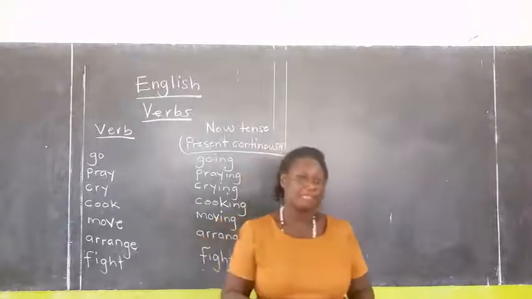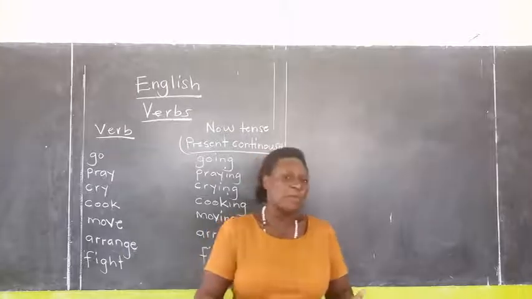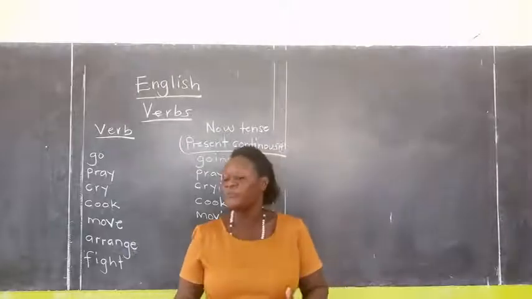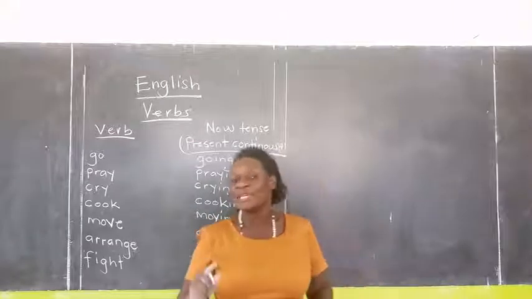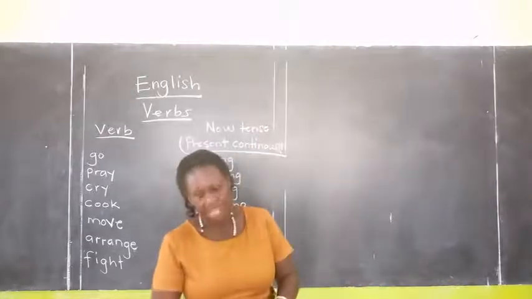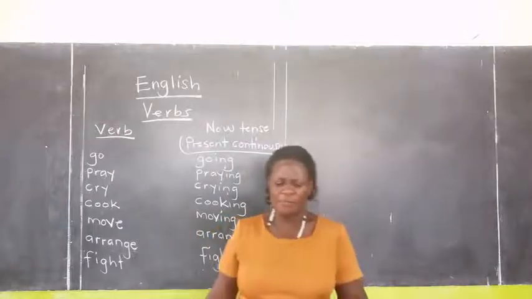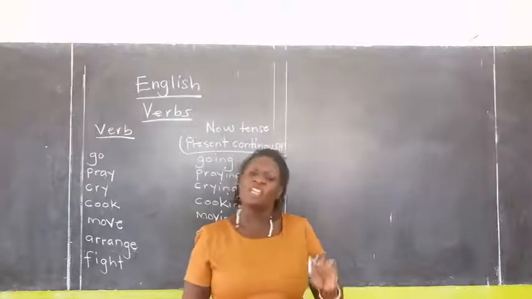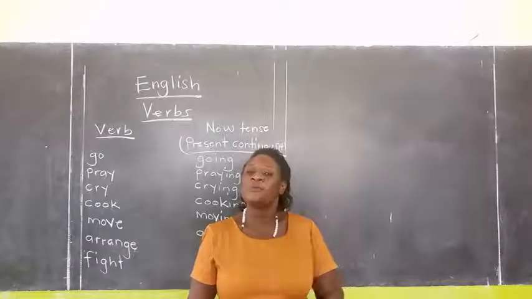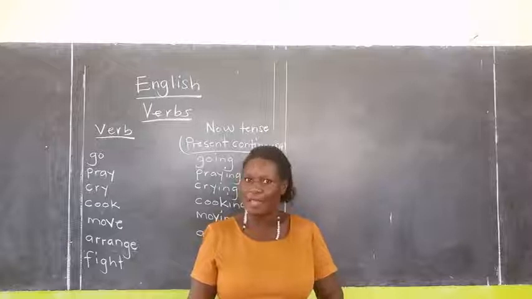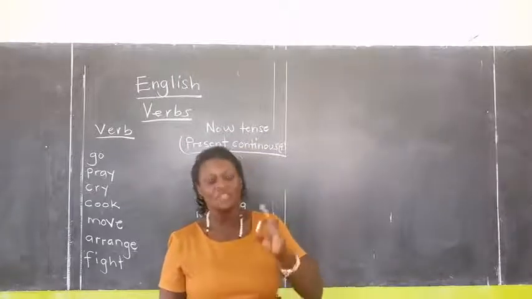We went ahead to look at those verbs which end with the vowels, and those vowels are removed. Those last letters are removed, then we replace ing. Now for this time, we want to look at those verbs when changing them into now tense, that we double the last letter, then add on ing.